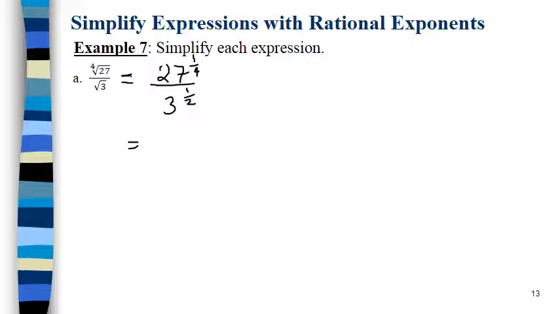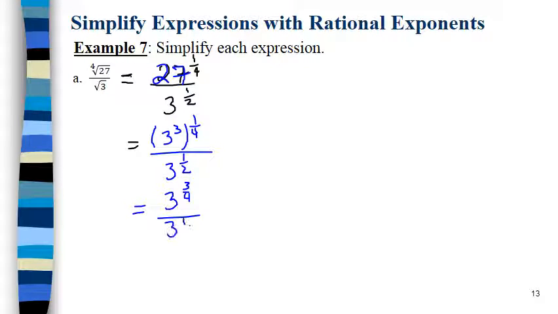But can we write these so that the bases are the same? Well, 27 is 3 cubed. So if we rewrite 27 as 3 cubed raised to the 1/4 divided by 3 to the 1/2, well, now 3 cubed to the 1/4 would be 3 to the 3/4 over 3 to the 1/2.